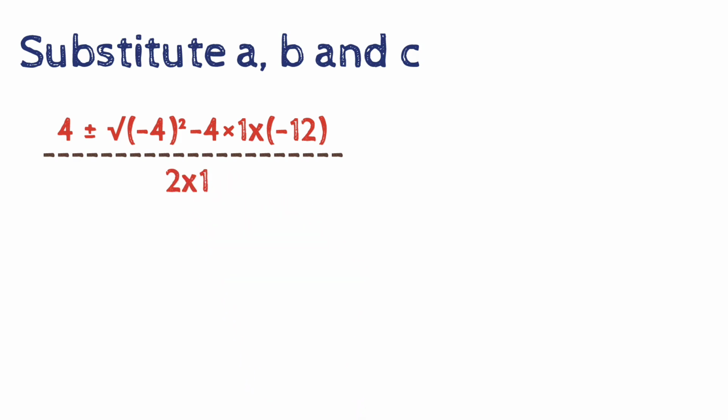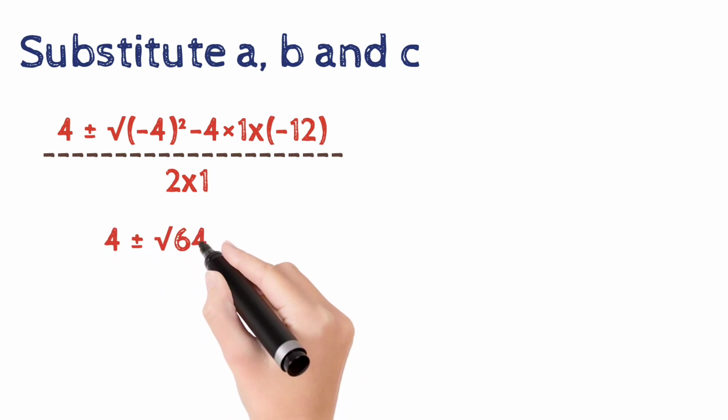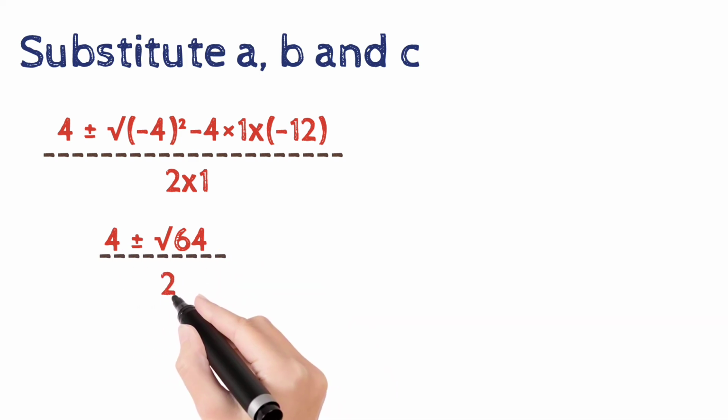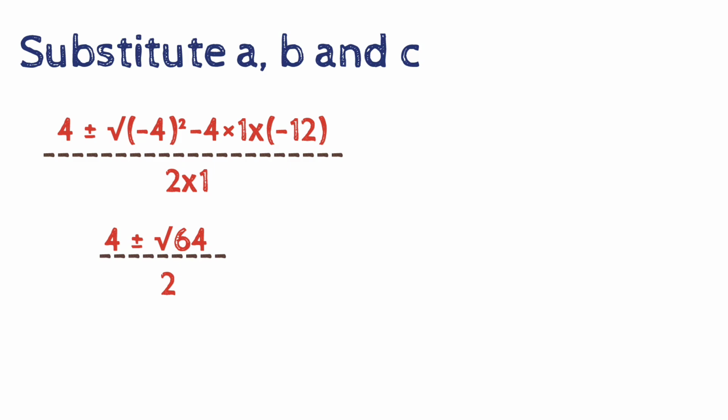Now I have selected the quadratic formula and I have substituted the values in it. For example, in minus b I have put 4 as b equals minus 4. Then we just add, subtract and multiply, and we will be led to our outcome. For example, 4 plus minus under root 64 upon 2. Our next step is under root 64, which is 8.